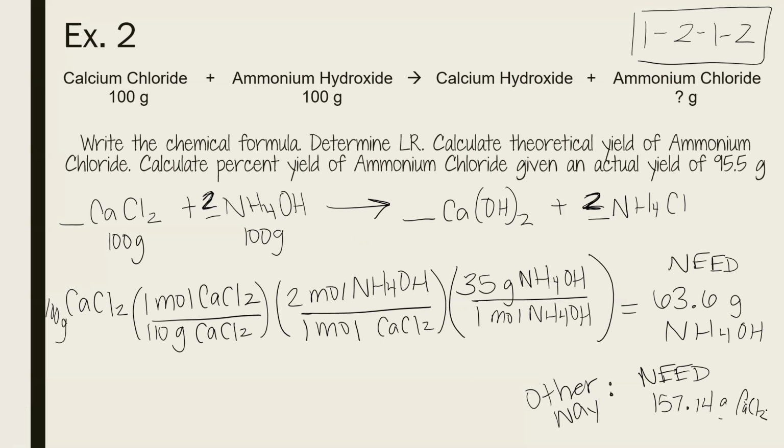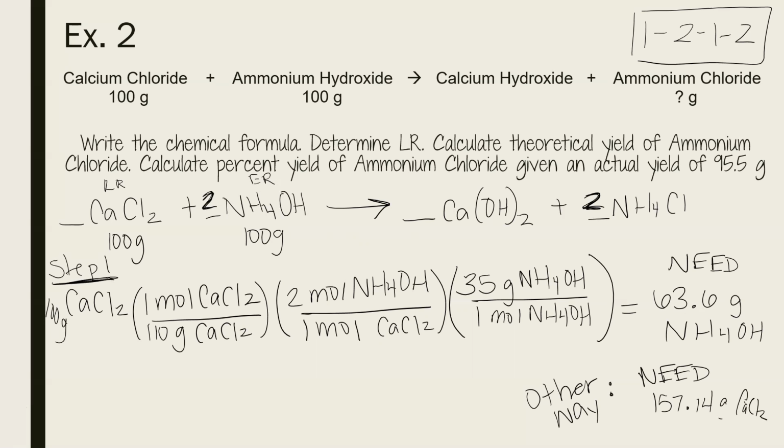Okay, so I need 157. I only have 100, so that looks like calcium chloride is going to be my limiting. I need 64 grams. I have 100. It looks like ammonium hydroxide is going to be my excess. Doesn't matter which way you do it. Okay, so this was step 1.